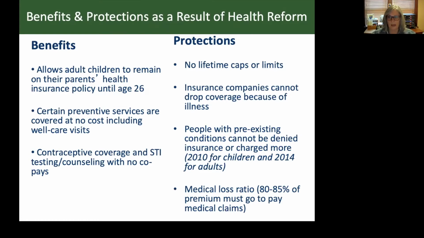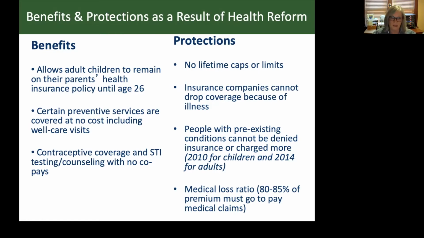So again, one of the really important things to understand about the Affordable Care Act is that there were many new benefits and protections that were added to health insurance, and not just health insurance that was created by the Affordable Care Act, but already existing health insurance. The health insurance that you get from your employer, or the health insurance that you would get through a private plan that you would just purchase individually.